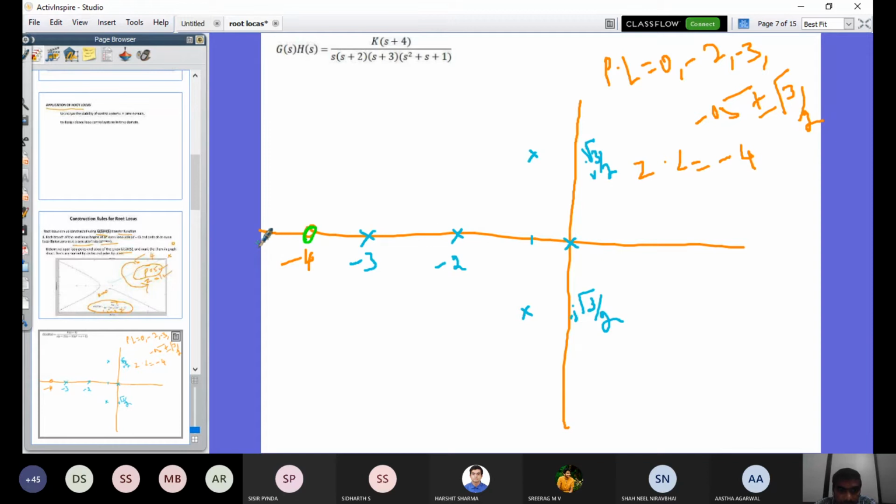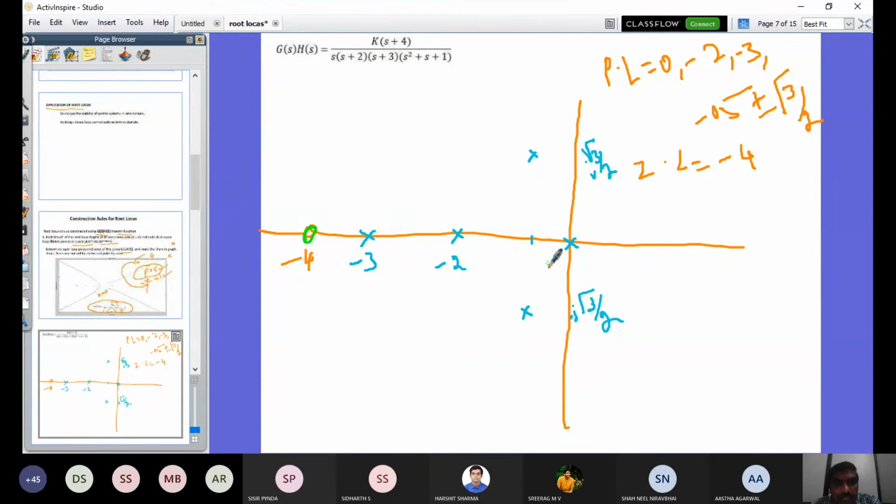Here to here one segment, here to here one segment. We are discussing the real axis. The poles and zeros divide the real axis into segments, and part of the segments will be involved in the root locus.